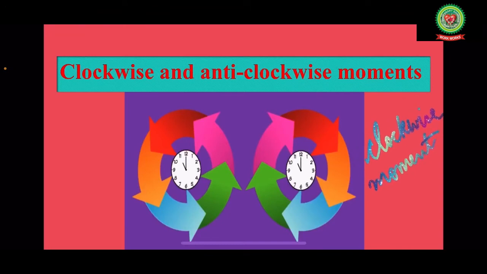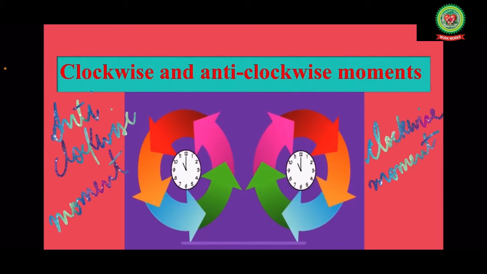And if the effect of force applied on a body is such that it is turning the body in anti-clockwise direction, the moment of that force is known as anti-clockwise moment.